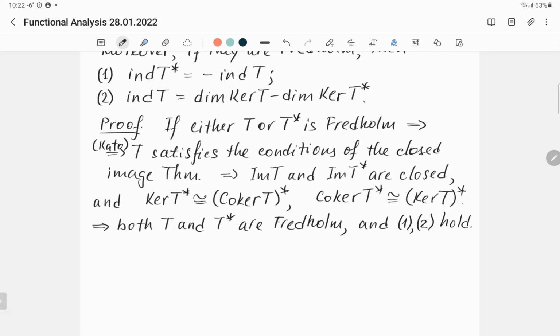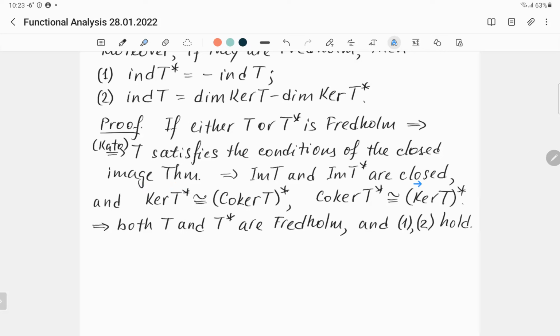Well, indeed, let's look at the statement. If, for example, we know that T is Fredholm, then the kernel of T and the co-kernel of T are finite dimensional. But now these two formulas imply that the same is true for the operator T star. So the co-kernel of T star and the kernel of T star are finite dimensional. And so T star is Fredholm. And the other way around, if we know from the very beginning that T star is Fredholm, then this space is finite dimensional and this one is finite dimensional.